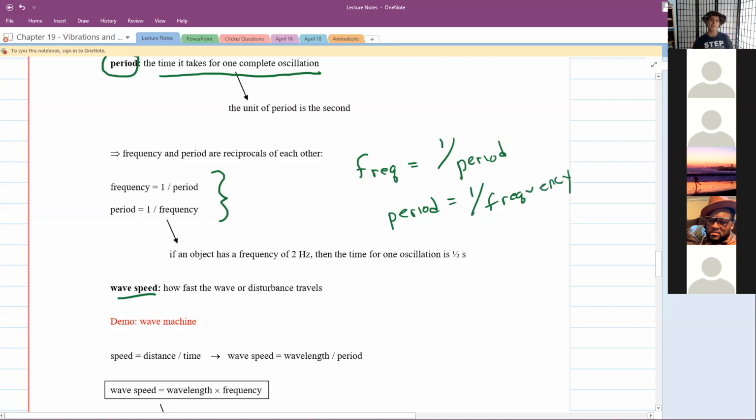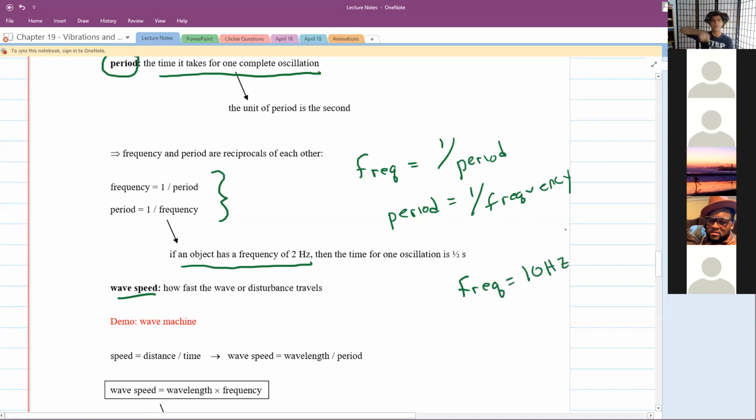And this kind of makes sense if you think about it. If an object had a frequency of 2 hertz, that means it's oscillating up and down 2 times every single second. Well, if it's oscillating up and down 2 times every second, how long does it take for one oscillation? Half a second. Or let's say that the frequency of something is equal to 10 hertz.